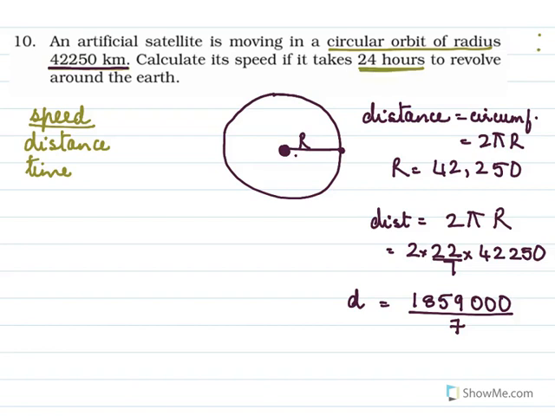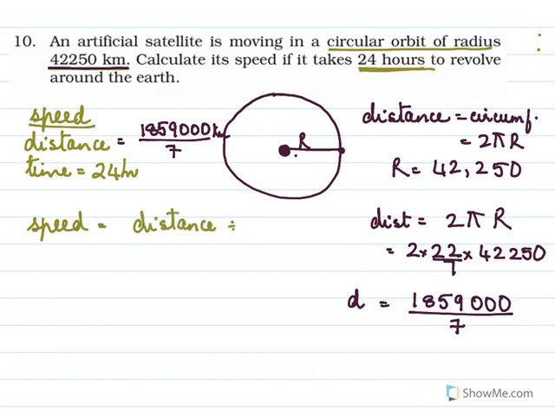Time, they said, is 24 hours. So here we put time 24 hours, and the distance we have already found out as 1859,000 over 7 kilometers. Now we are ready to find the speed. Speed, in this case I will write in this form: distance divide by time, since the numbers are very big. We saw the distance was 1859,000 over 7 divide by time.